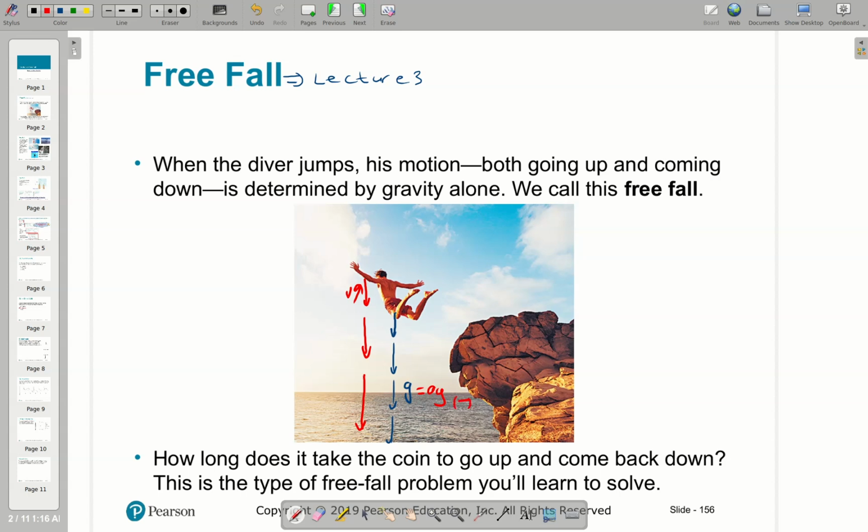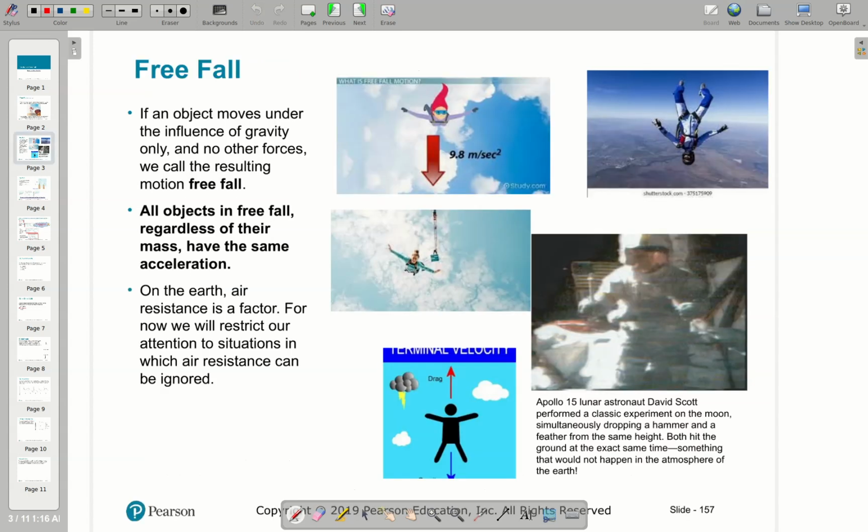It's negative. We'll take ay as g, negative downward 9.8, and we'll replace all the values of ay with g. This value will be negative, so either we'll replace it with minus g or take the value as minus 9.8.